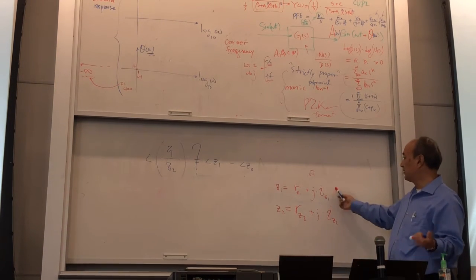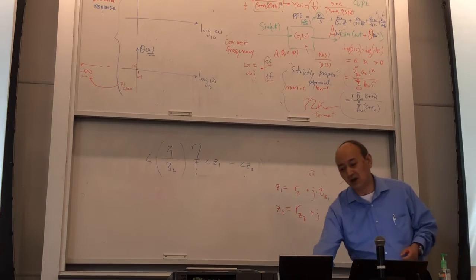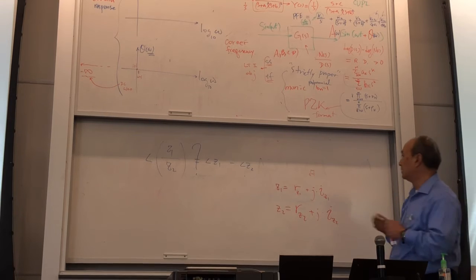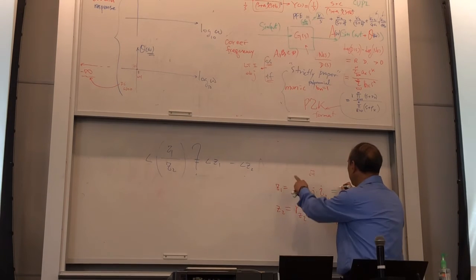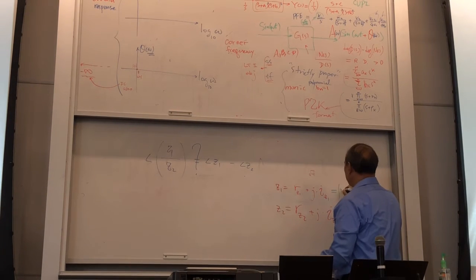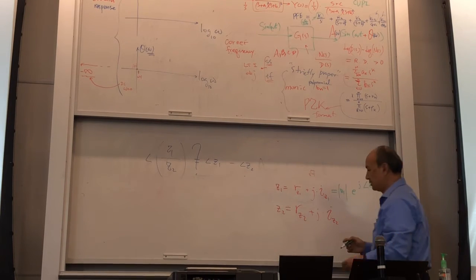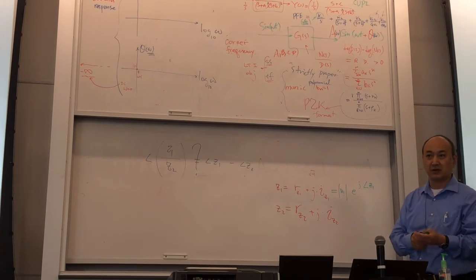You don't see this phase angle very clearly, but if I write it in polar form, this can be written as the magnitude of Z1 times e to the j, the phase angle of Z1.